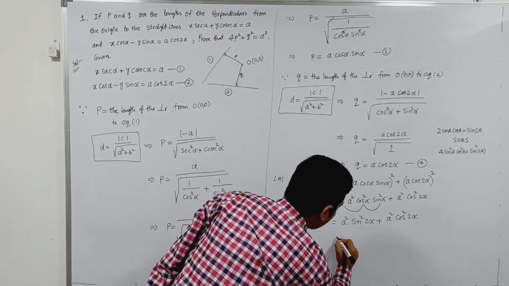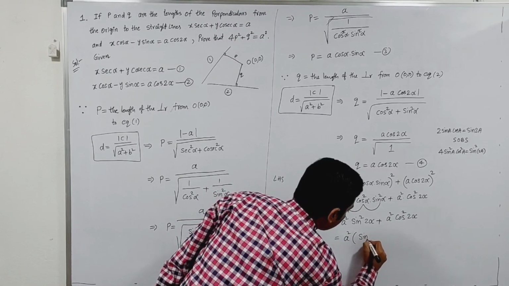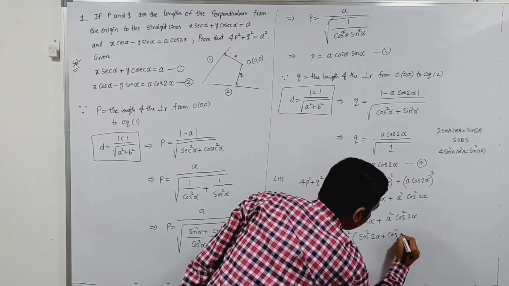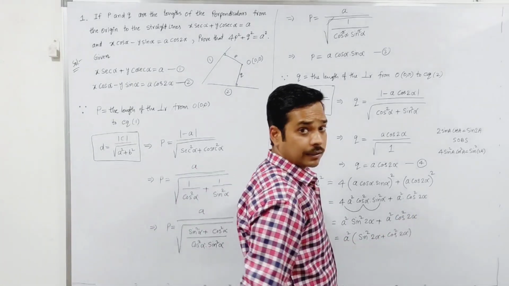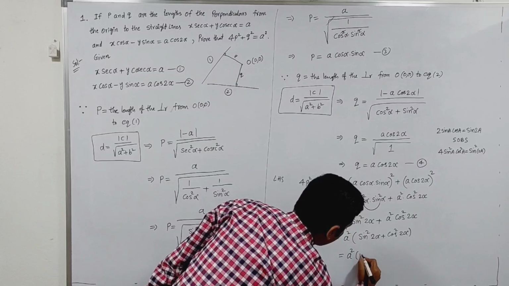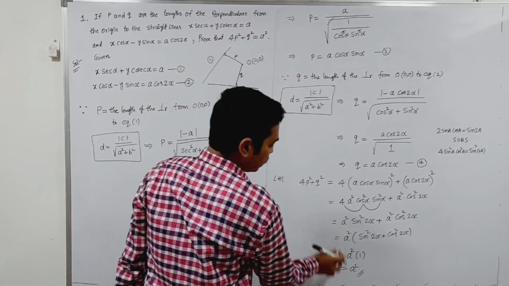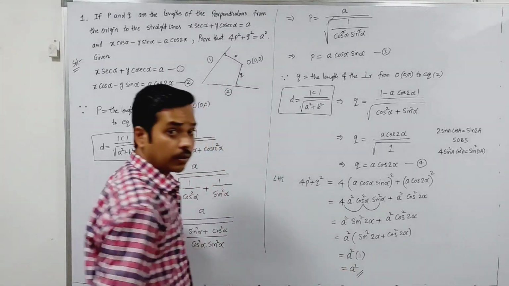From these two terms, take a square common. The remaining terms are sin square 2 alpha plus cos square 2 alpha. Sin square theta plus cos square theta is equal to 1. So a square into 1 is equal to a square. So LHS equals RHS. 4p square plus q square is equal to a square.